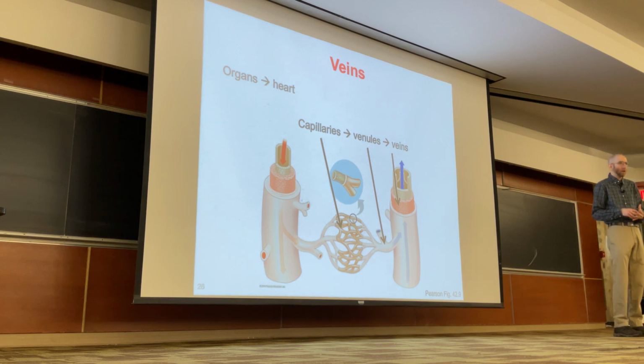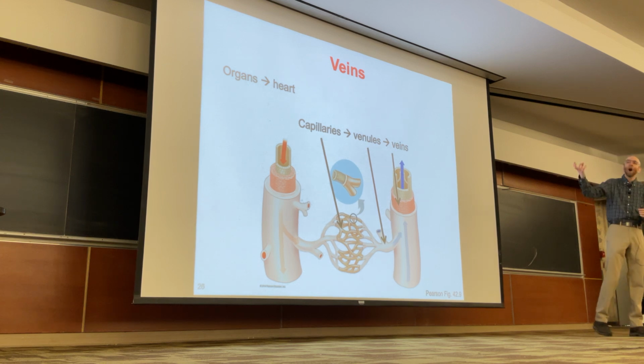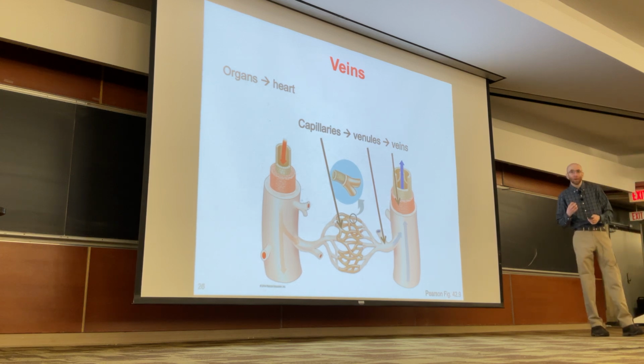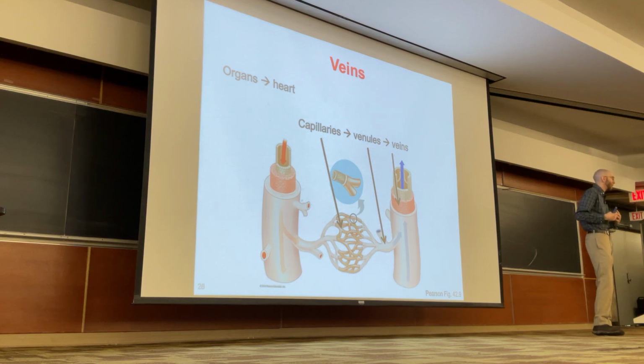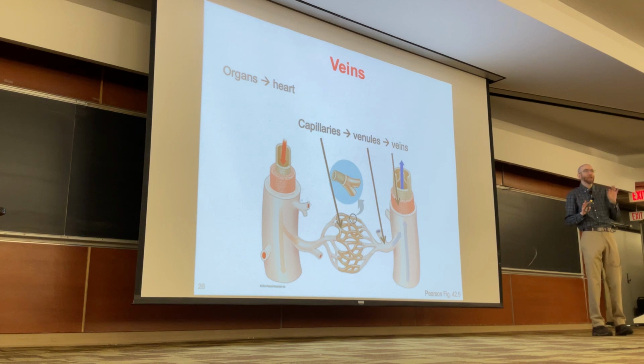For the pulmonary circuit, the arteries have the deoxygenated blood. The veins carry the oxygenated blood back. For the systemic circuit, it's the opposite. It's arteries with oxygenated blood, veins with deoxygenated blood, bringing it back. Okay, that doesn't matter in terms of artery versus vein. What matters is the direction relative to the heart.